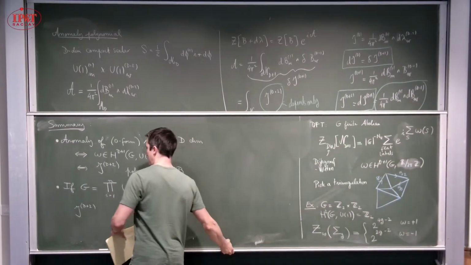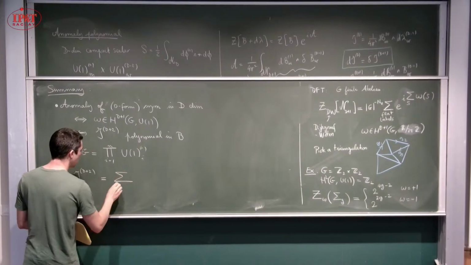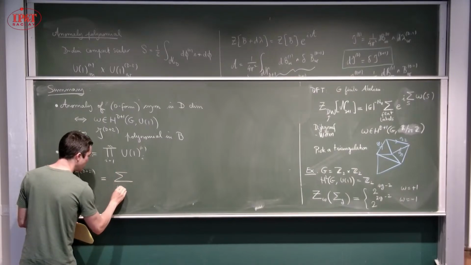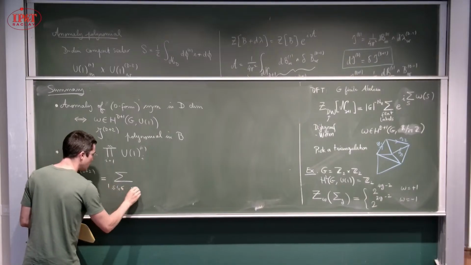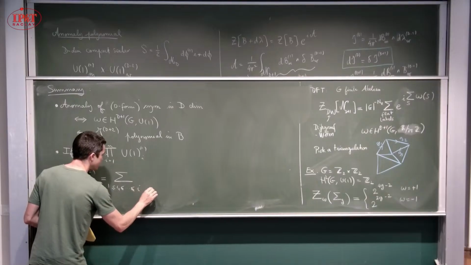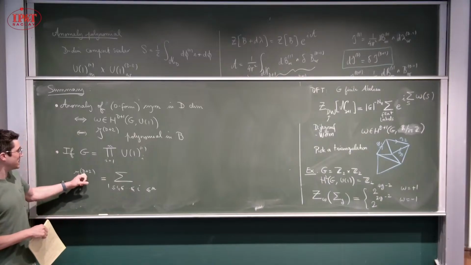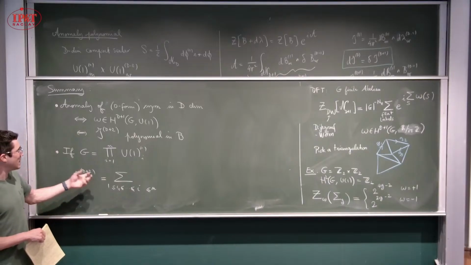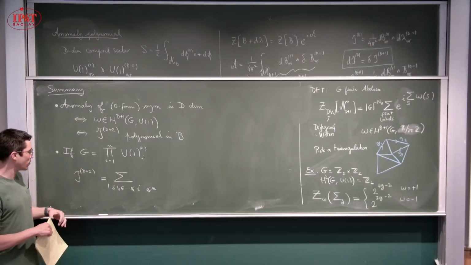So this I is a sum over all the indices i1 from 1 to n. How many should we put? We need degree d plus 2 in total, and each dB will contribute 2, so we need d plus 2 over 2.